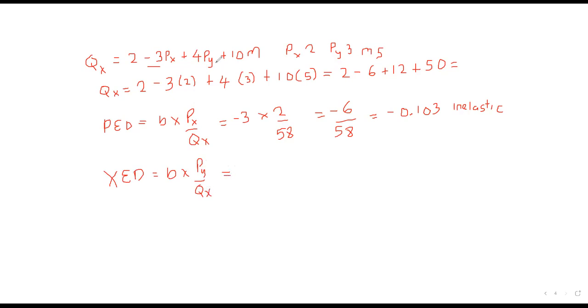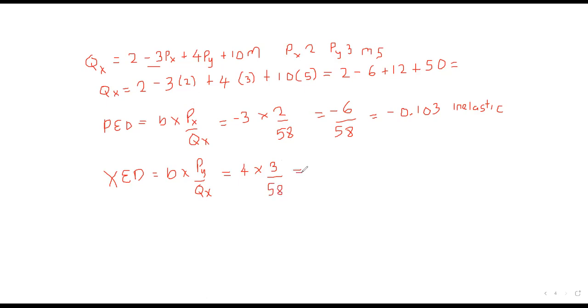So what is the slope? 4. You will know when you are dealing with cross price elasticity, there are only 2 comments. It's either a complement or a substitute. So what's the price of Y? 3. And our quantity found as what? 58.